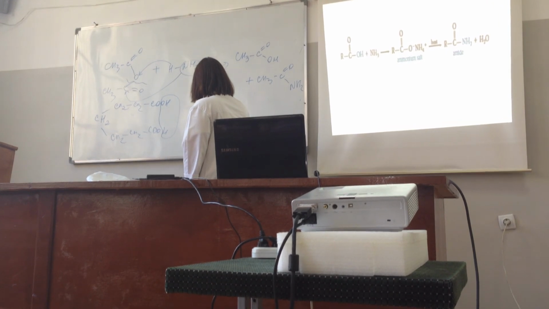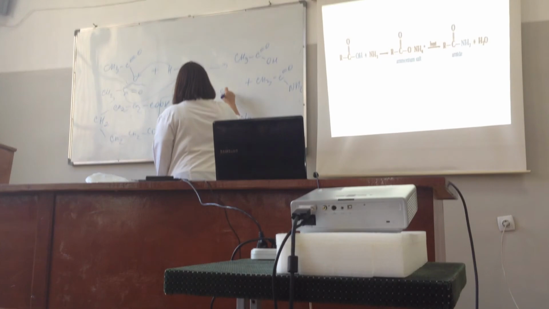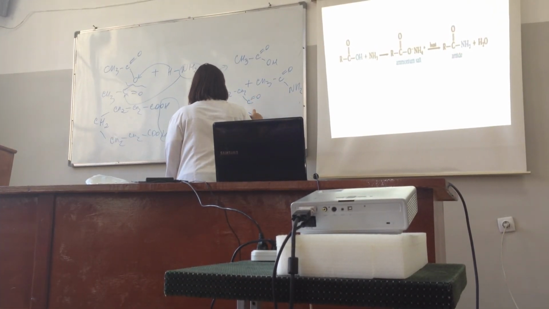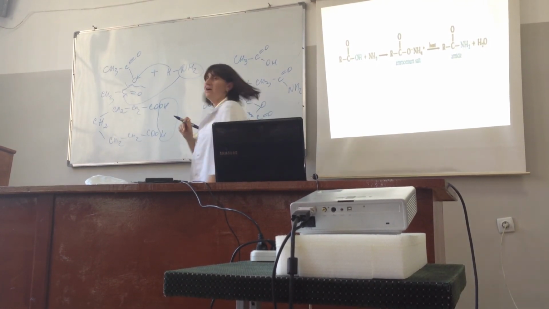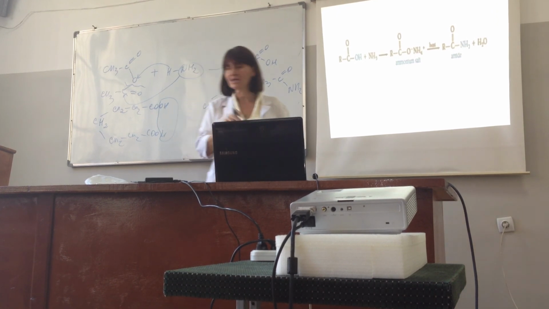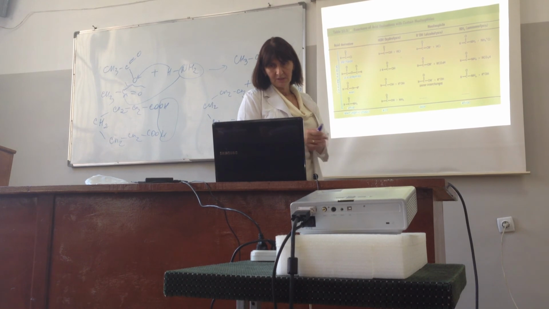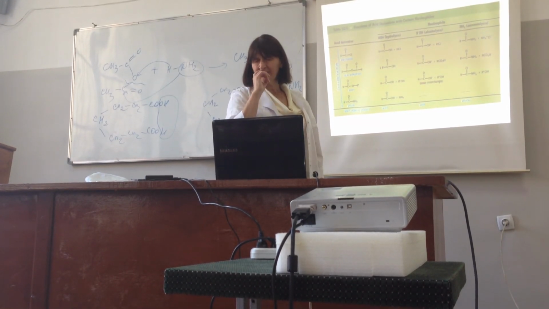CH2, CH2, CH2, CH2, CH2, and here you have C double bond O, and in the middle, you have oxygen. This is your cyclic anhydride. Okay. Yes, that's all.